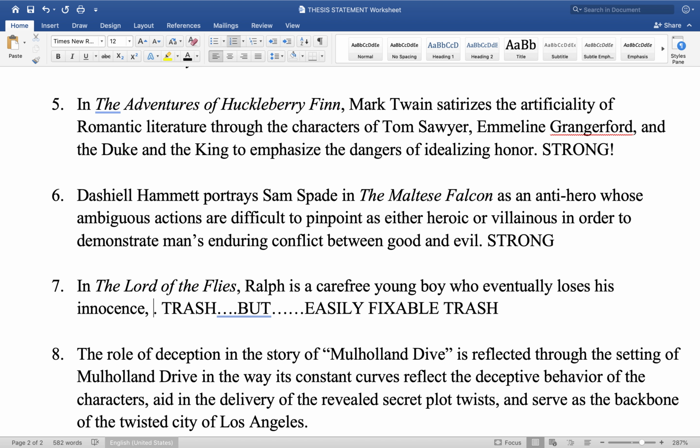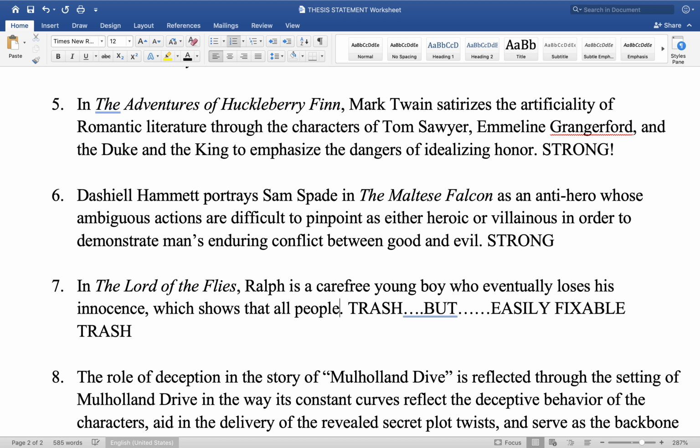Let's see. Ralph is a carefree young boy who eventually loses his innocence, which shows that all people will lose their, let's see, I'm going to say innocence, but that would sound crappy.